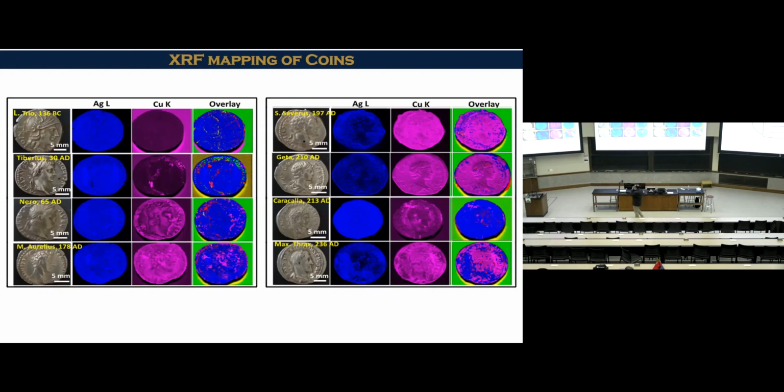So here you could see some of the results from coins minted at, for example, 136 BC. It really contains mostly silver and not much copper.